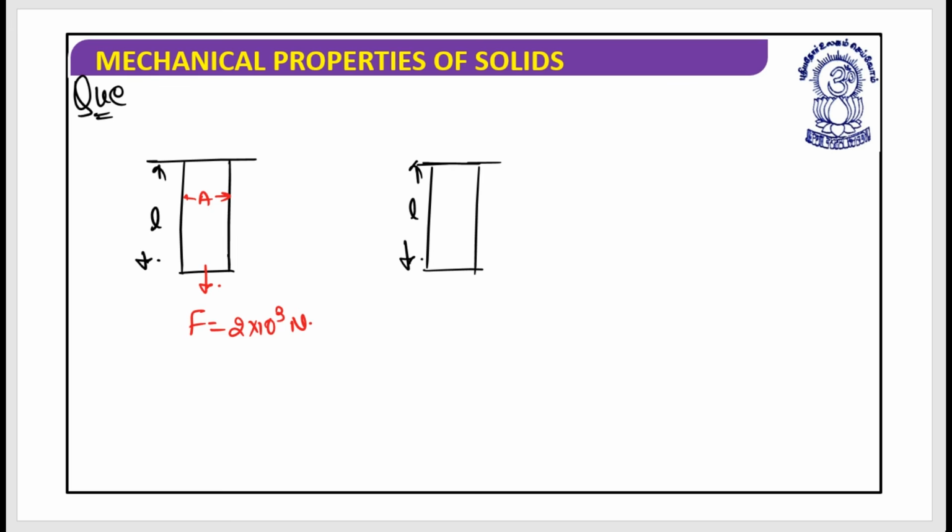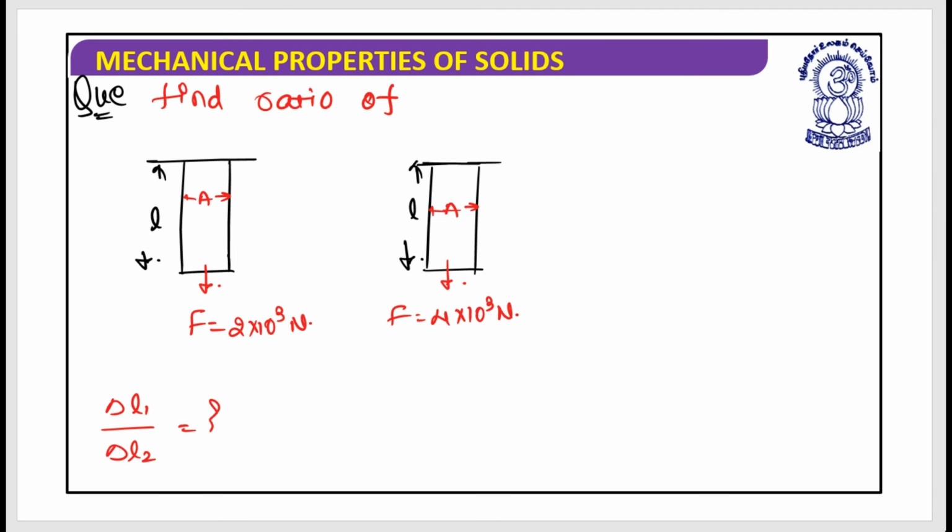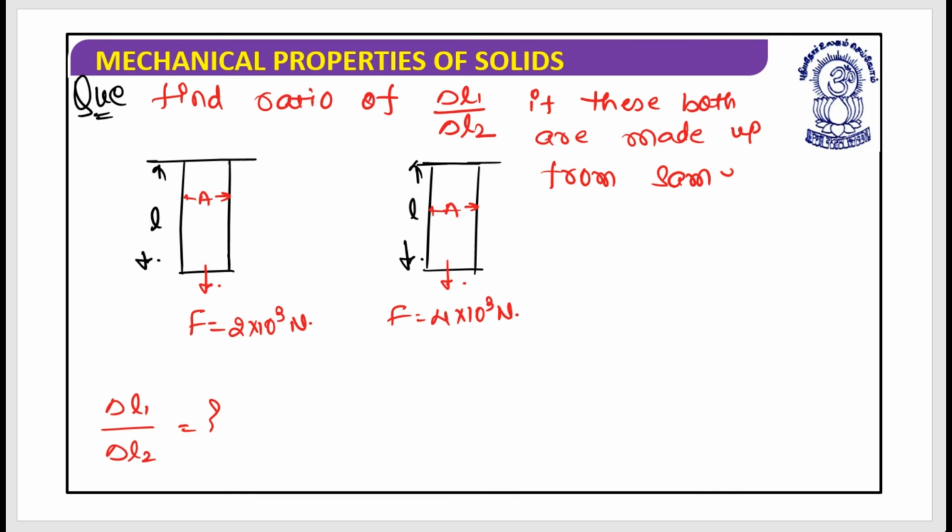Again the length is the same and the cross sectional area is the same, but it is pulled by 4 into 10 to the power 3 Newton. We need to find the ratio of delta L1 to delta L2 if both are made up from the same material.